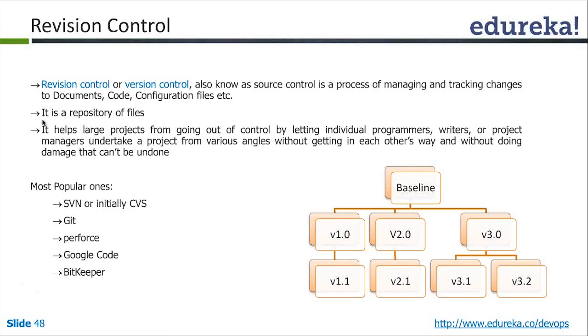Okay, so version control or revision control, also known as source control, is the process of managing and tracking changes to anything. People think version control is only for code. It is for documents, it is for code, and more importantly, from the perspective of DevOps, it is configuration files.